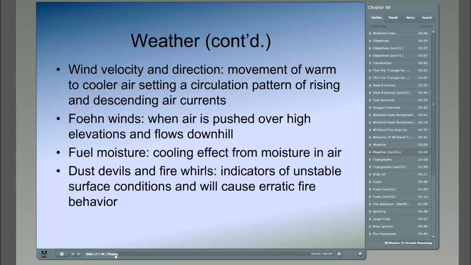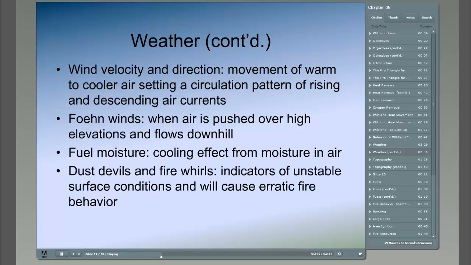There are vast areas of heating near the equator that are much closer to the sun, where the heat produces rising air currents that return to the Earth in cooler regions. This movement of warm air to cooler air sets up a circulation pattern of rising and descending air currents. The pattern is impacted by the Earth's revolutions, which deflect the rising air currents and cause them to move in a deflected horizontal direction.